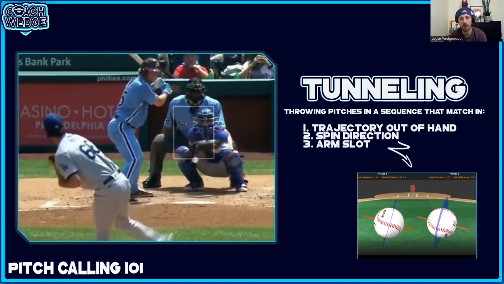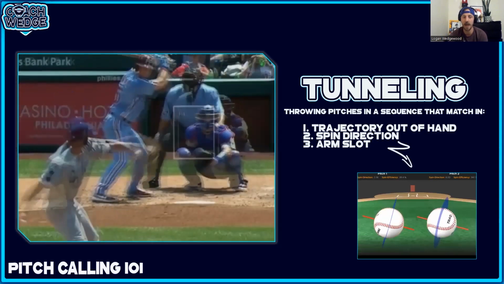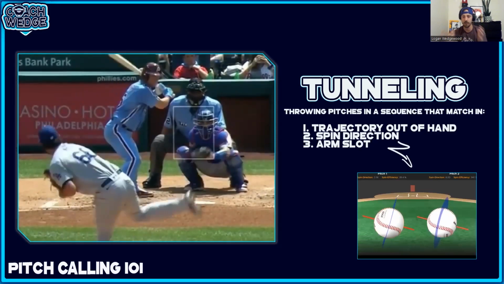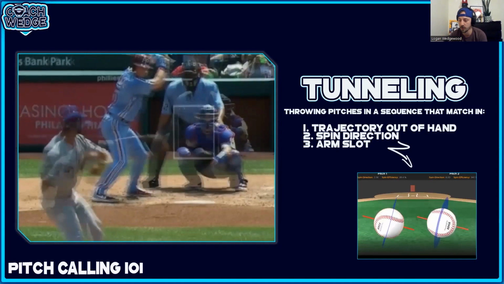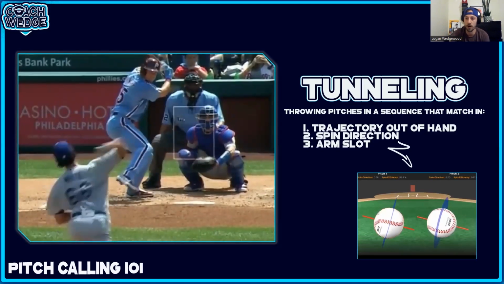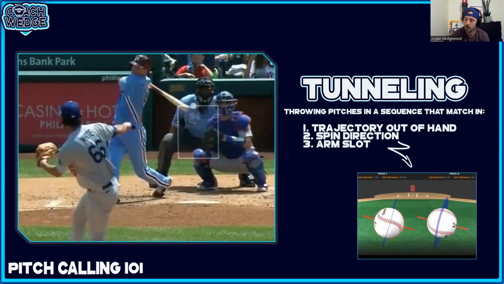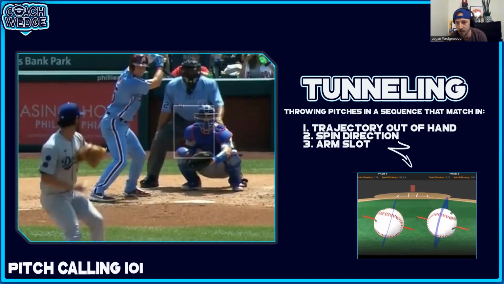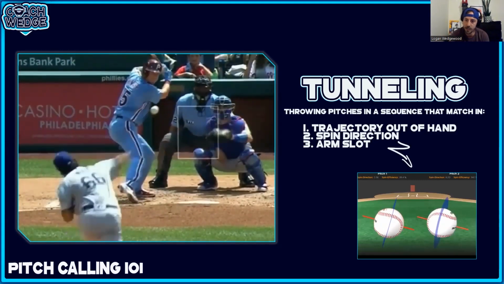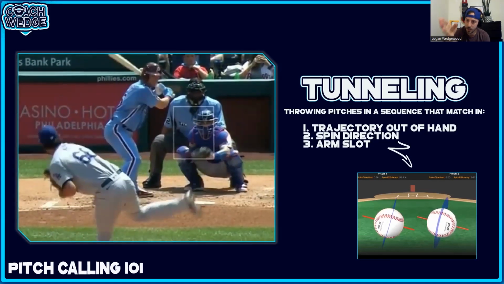Now, a lot of times when we talk about spin, as a hitter, sometimes it's really easy to see the difference of spin and sometimes it's not. When we're talking about a tunneled fastball curveball mix, when you look at the bottom right, you can see that backspin and that top spin, where the seams are going opposite directions, but that blue disc you can see there is very close to being the same.